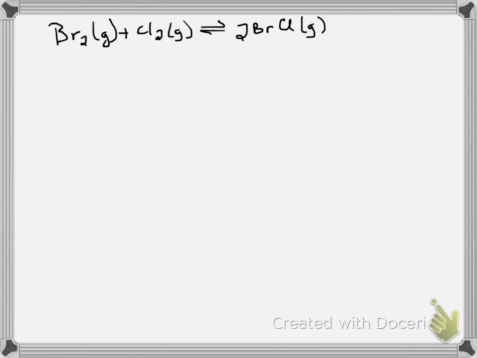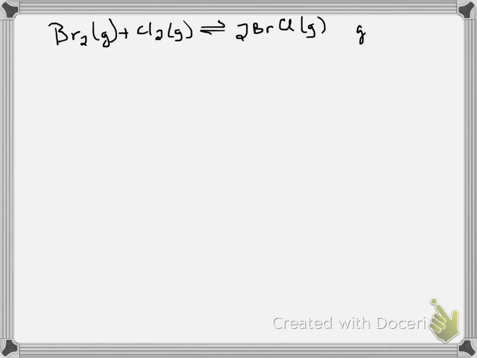Okay, we're going to look at another problem, calculations in equilibrium. For our given information, we're given the reaction bromine as a gas, reacting with chlorine as a gas, in equilibrium with two bromide chlorides as a gas system.